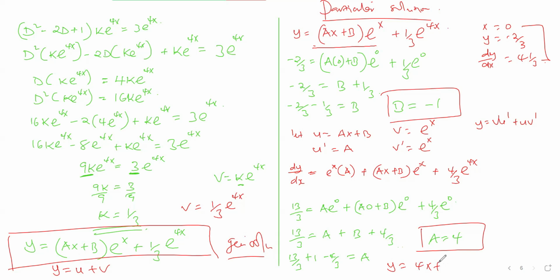Our b is negative 1, so this changes to negative 1, in brackets, exponent of x, plus 1 over 3 exponent of 4x, and that is your outcome by the end of the day. Are you together? And that is it. So yes, that is your function by the end of the day.